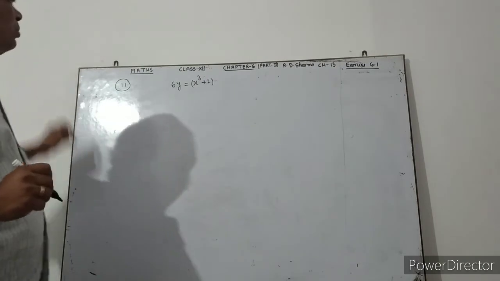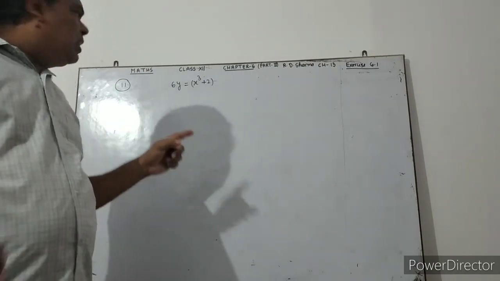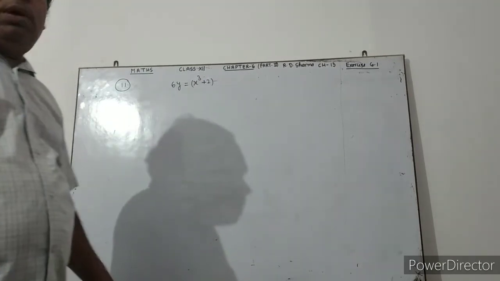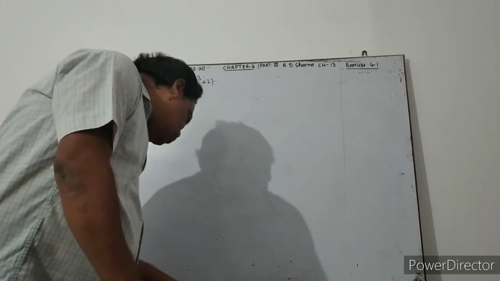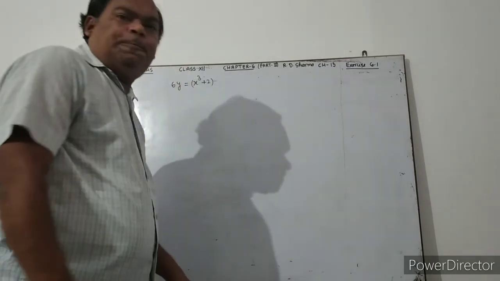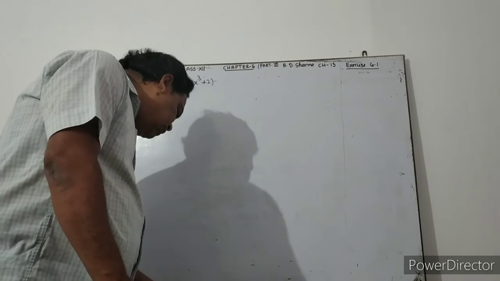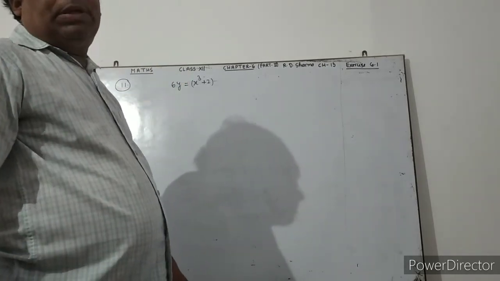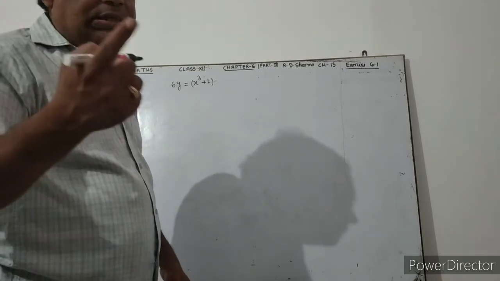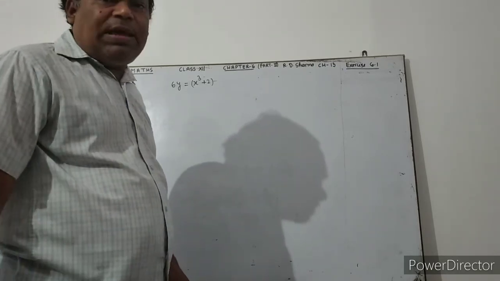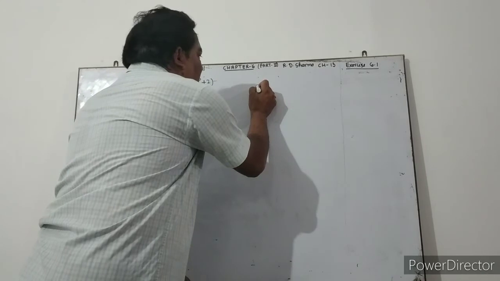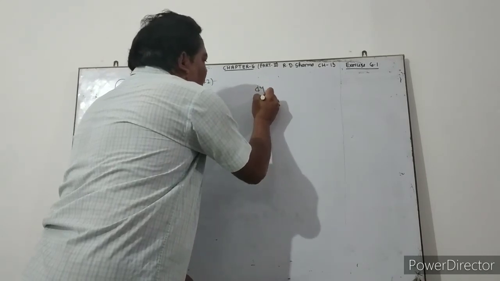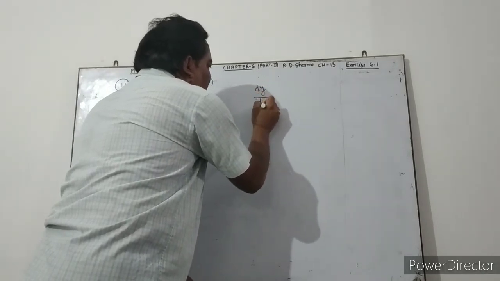A particle is moving along this equation, 6y equal to x cube plus 2. Find the points on the curve at which the y coordinate is changing. Suppose at any time the coordinate is x, y, and the change in the y coordinate is dy upon dt.